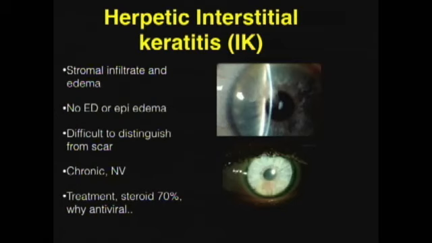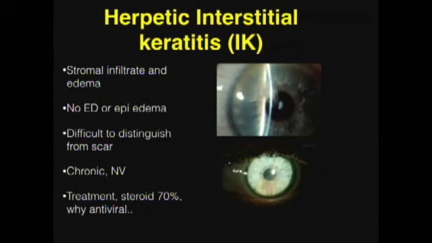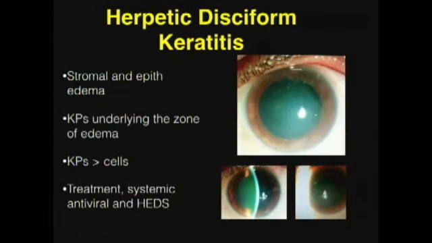However, we as cornea specialists believe that if you give PO antiviral, you will treat the disciform keratitis. And this is something related to the active virus in the anterior chamber, and this is what will lead to KPs. I will talk more about it in a minute. I need to go a bit quickly.